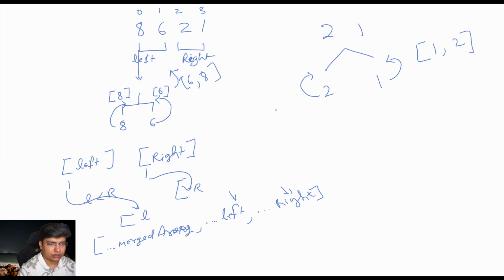Now you have to merge both the right and left arrays. So from the left side we have 6, 8, and from the right side we have 1, 2. Now our merge function is going to take one number at a time from both.